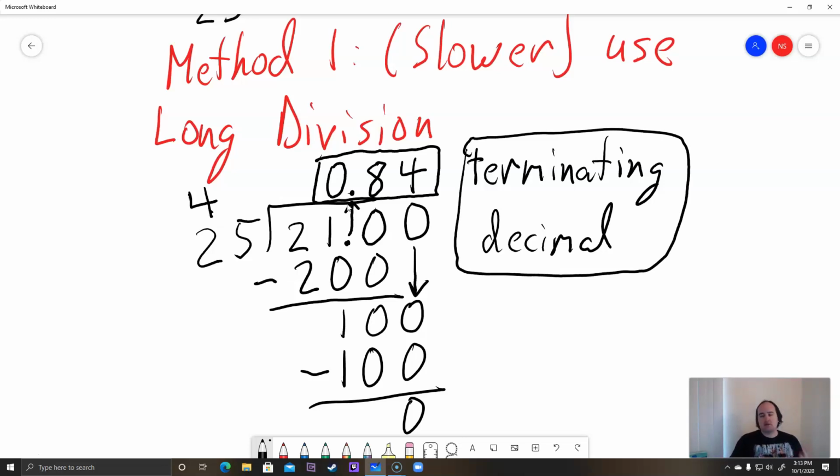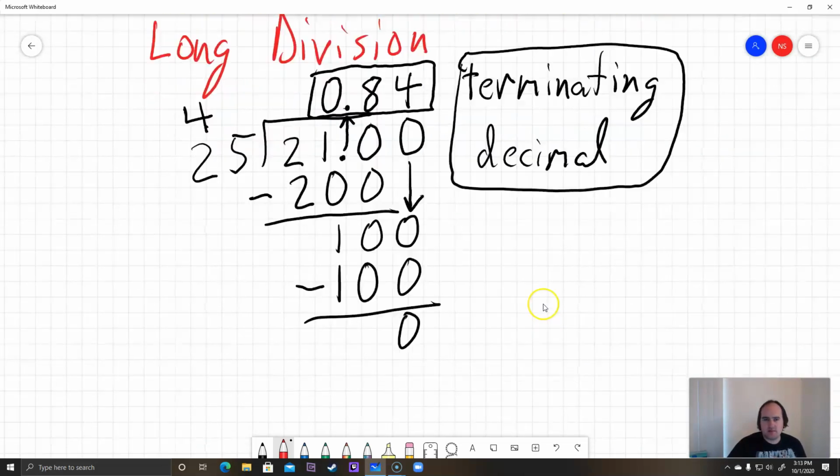Okay, that's the old-fashioned way of converting fractions into decimals. It's fine with a problem like this, but as you can see, even with this problem, it took us a while to write it down. So let's talk about method 2, which is way faster, which is that you just type in the division onto a calculator and then it gives you a decimal. That's definitely the easiest way to do it.